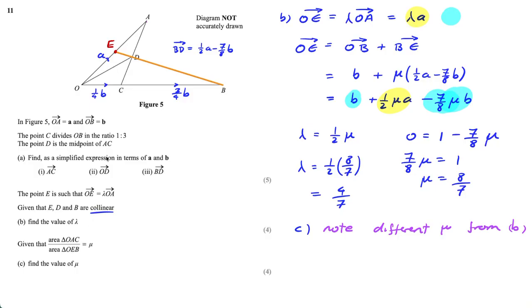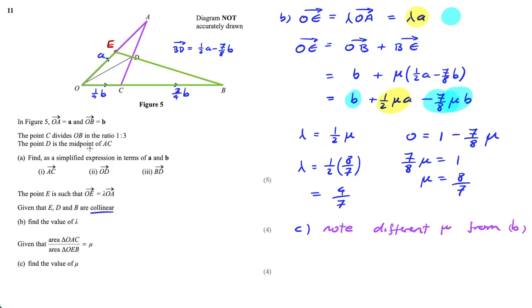Okay, so firstly our OAC triangle is this triangle here, and our OEB triangle is this triangle here, OEB. Now the trick with these questions, guys, is that area is about base times height, so you want to try and find a common base for which we know the ratio.